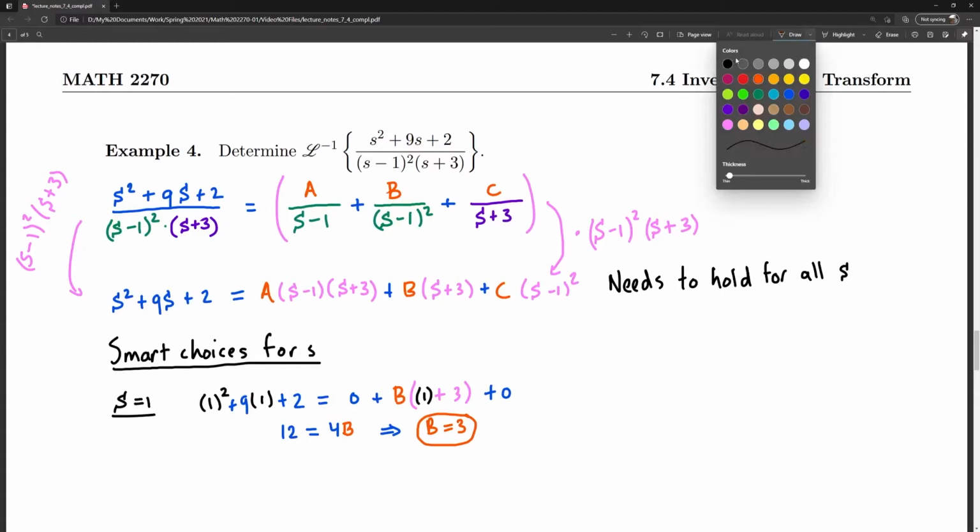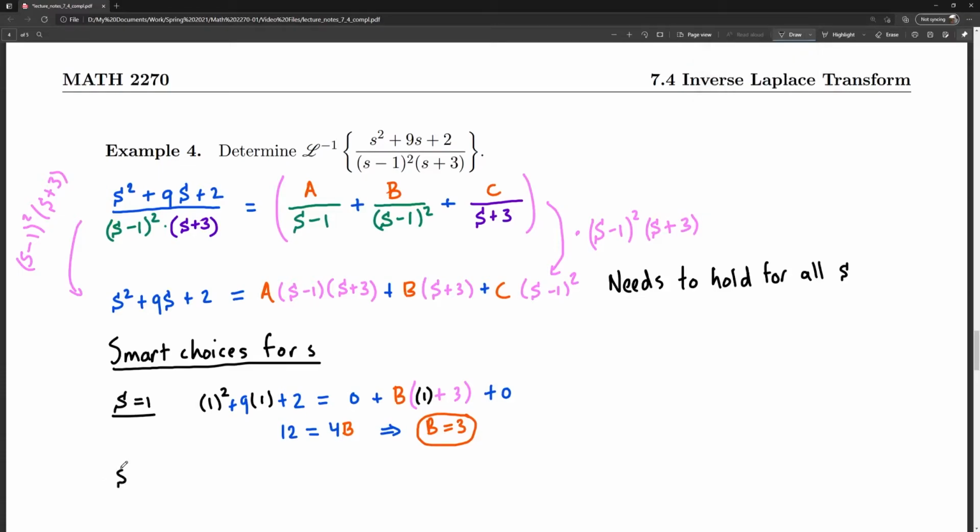So another smart choice for s would be s equals negative 3. Because if we pick s equals negative 3, then this becomes 0, this becomes 0, and we only have an equation for C. So I have (negative 3) squared plus 9 times negative 3 plus 2.